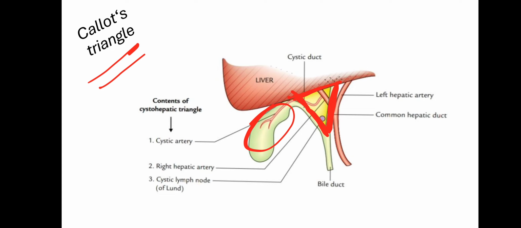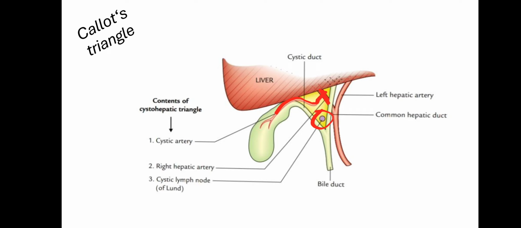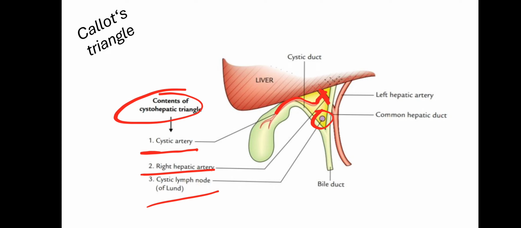The contents of Calot's triangle are the right hepatic artery, with its branch the cystic artery, and the cystic lymph node of Lund. The cystic artery, right hepatic artery and the cystic lymph node of Lund are the three contents of the cystohepatic triangle or Calot's triangle.